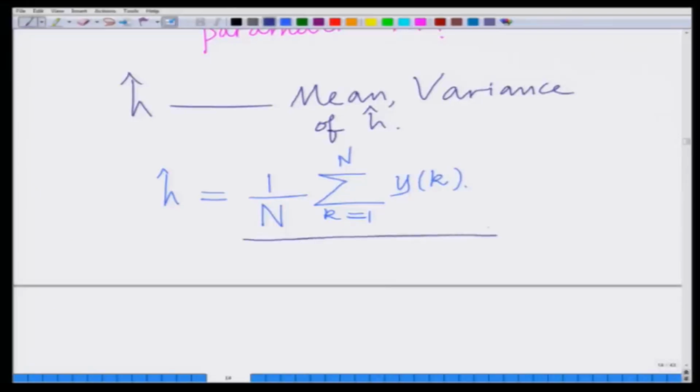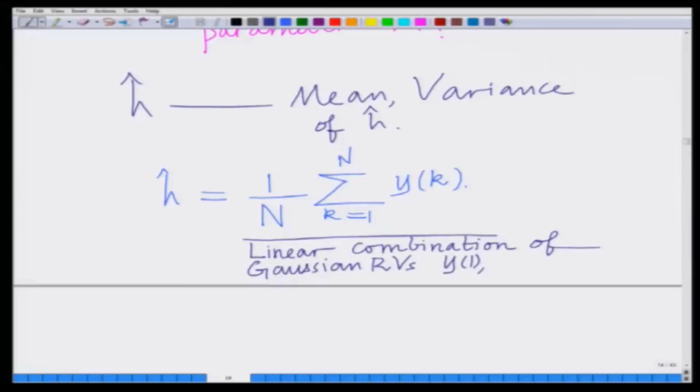Observe that this is a linear combination of Gaussian random variables y1, y2 up to yn. Remember, we started in the very first module itself, we said that each yk is Gaussian in nature, because the noise Vk is Gaussian in nature.